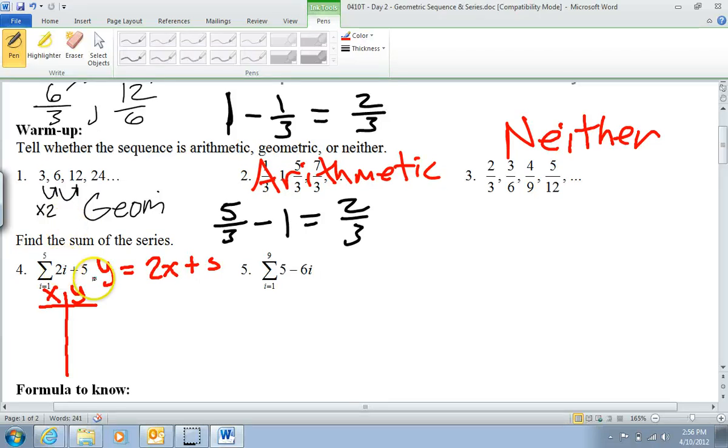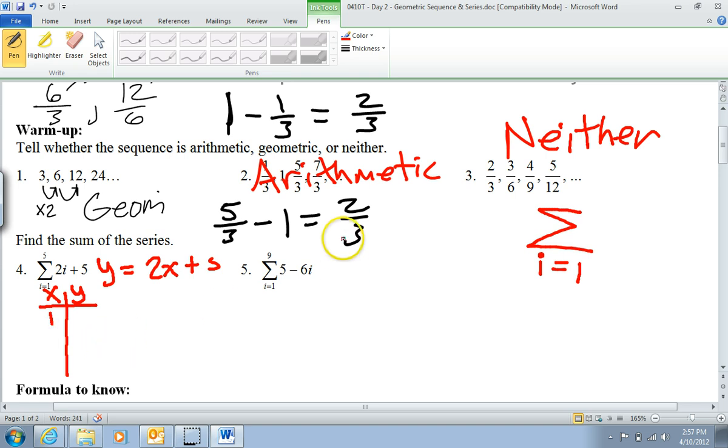Do you guys remember when you see notation like this? This is the letter sigma, the capital Greek letter sigma. When we have i equals 1 here at the bottom, does anyone remember what that means? That's the first number. It tells you where to start. In other words, when we make our table of values, it's telling us to start at an x value of 1.